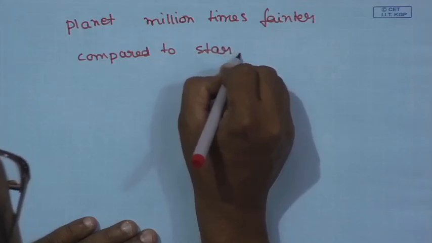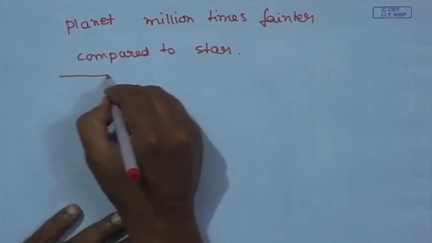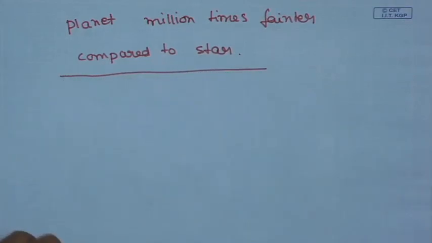So, the question is, how does one discover an object which is next to another object which is 1,000,000 times brighter? After all, every image has a limited dynamic range, and it is extremely difficult to make out one object which is next to another object which is 1,000,000 times brighter.